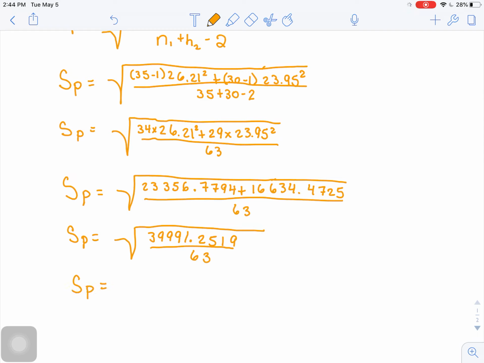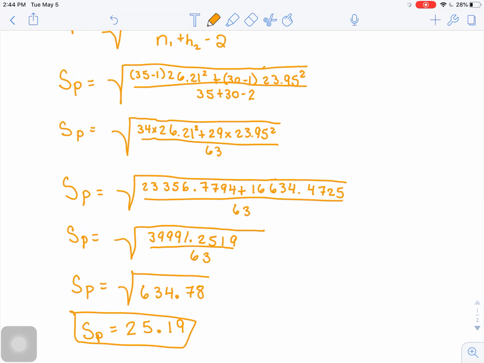Then you do your division, and that gives you the square root of 634.78. And when you take the square root, your pooled sample standard deviation is going to be 25.19. That's a lot of work for one small number.